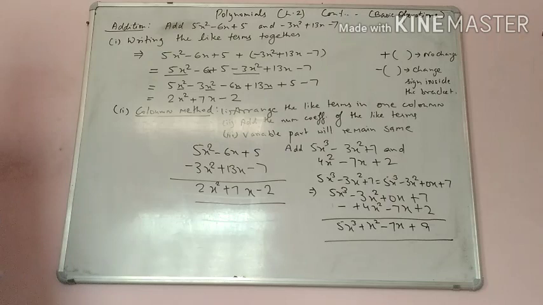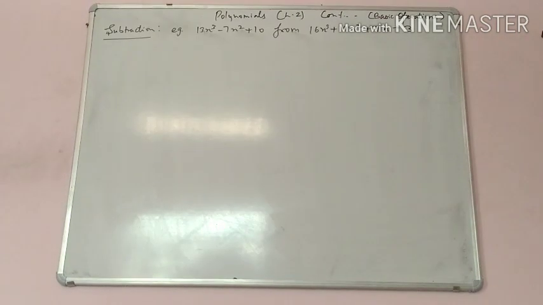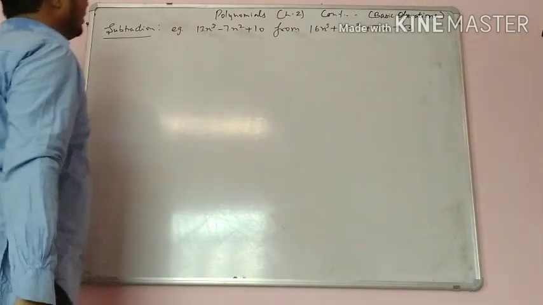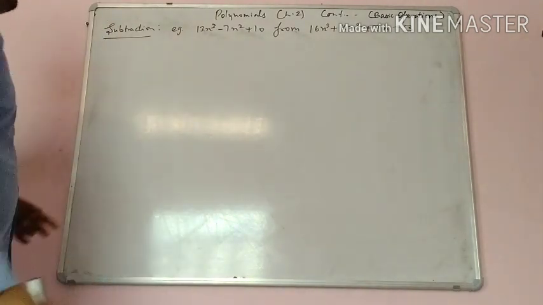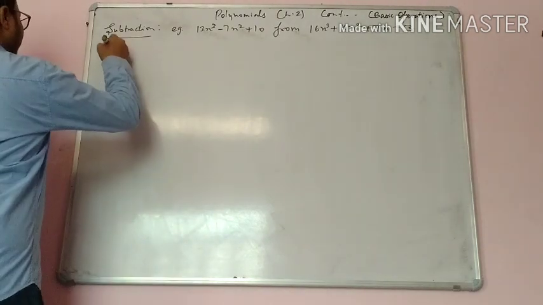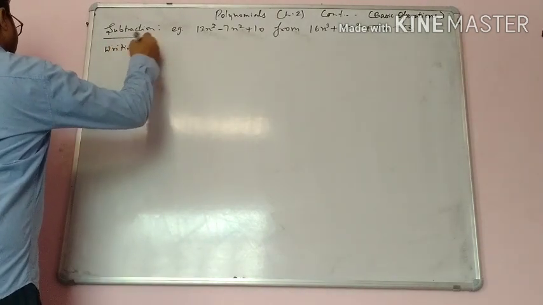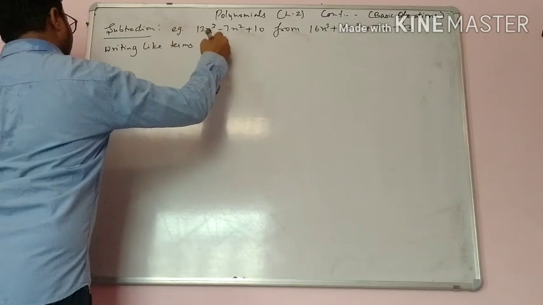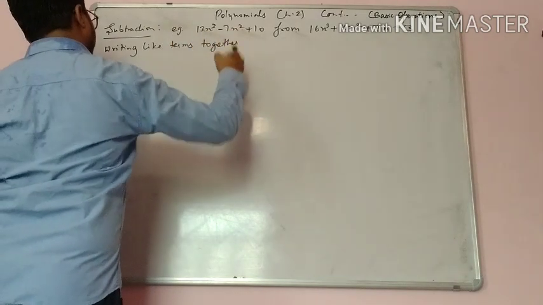Now we will see the subtraction. Subtraction I have written in the example, by which we will learn. There are also two methods. The same one is writing like terms together, and the second one is the column method.